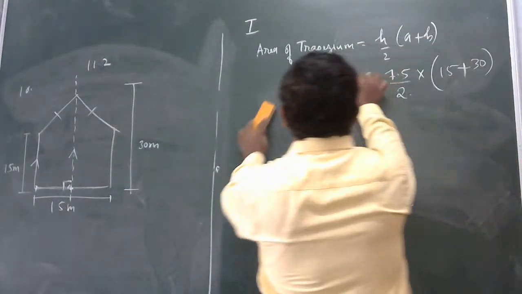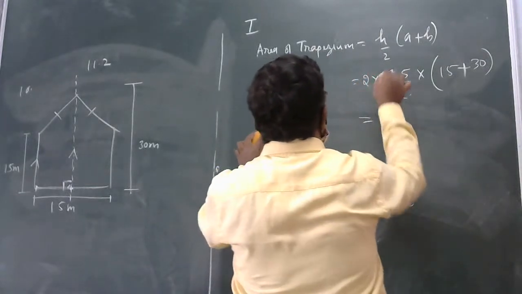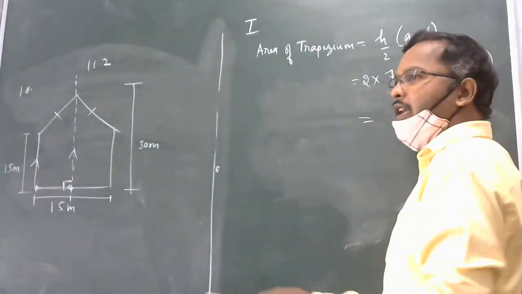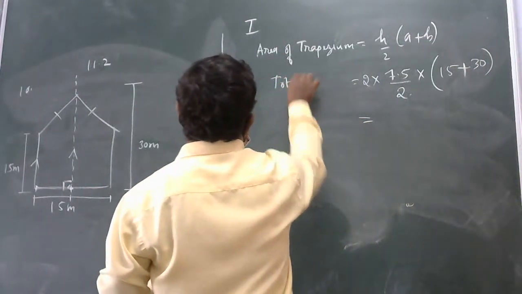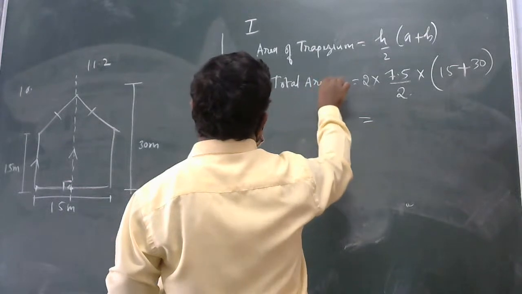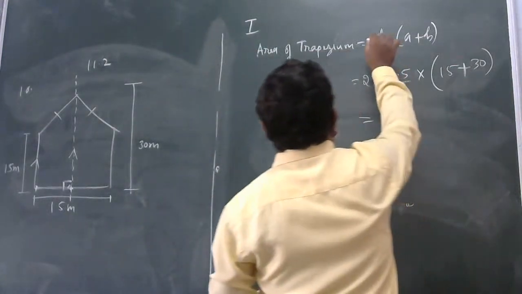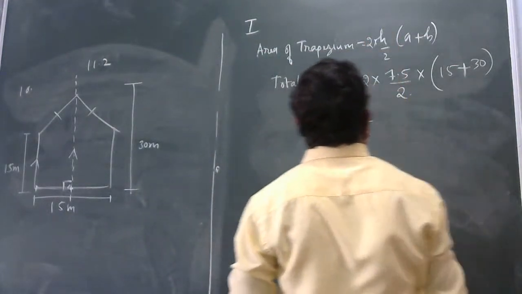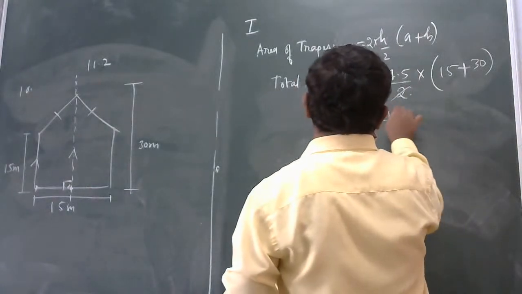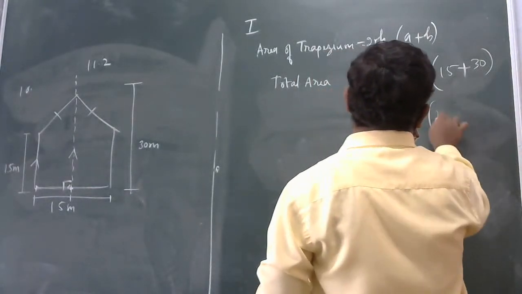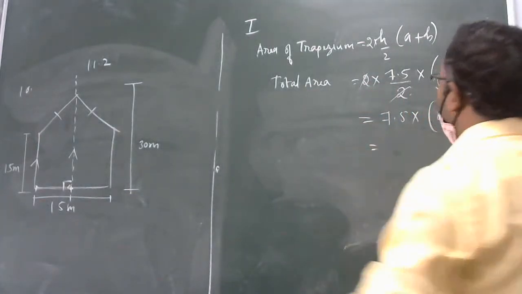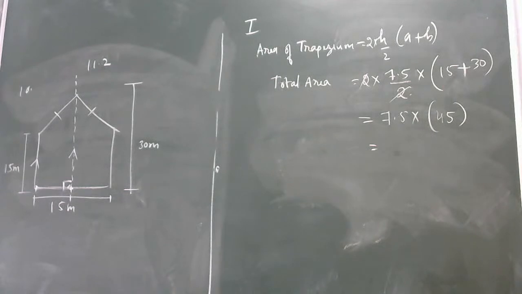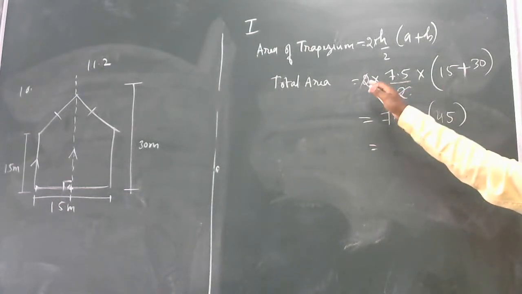और डायरेक्टली यार, what I will do, I am multiplying by 2 क्योंकि 2 2 को डायरेक्टली कैंसिल कर सकता है, तो this is I am finding for total area. So 2 2 they get cancelled, 7.5 into 45, how much you get? 7.5 into 45. So directly I am finding the total area by multiplying by 2.